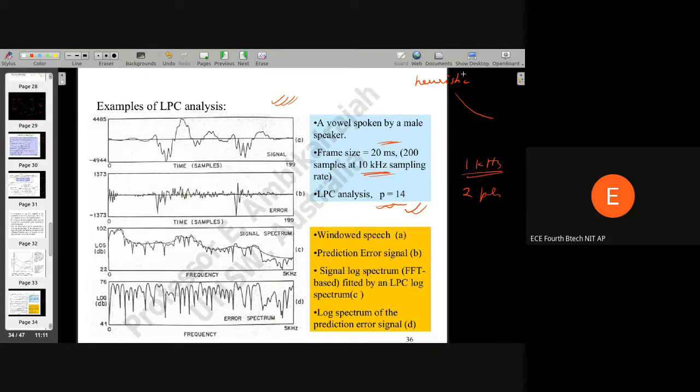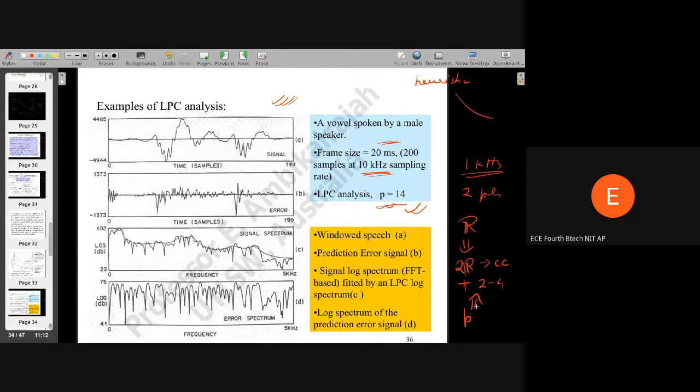The general trend is that if you have R resonators, you will have 2R complex conjugate poles, plus a few, 2 to 4, real poles that you add. That gives the number of parameters. Basically, that's a heuristic rule. So based on that, p equal to 14 has been chosen, and let's see what happens.